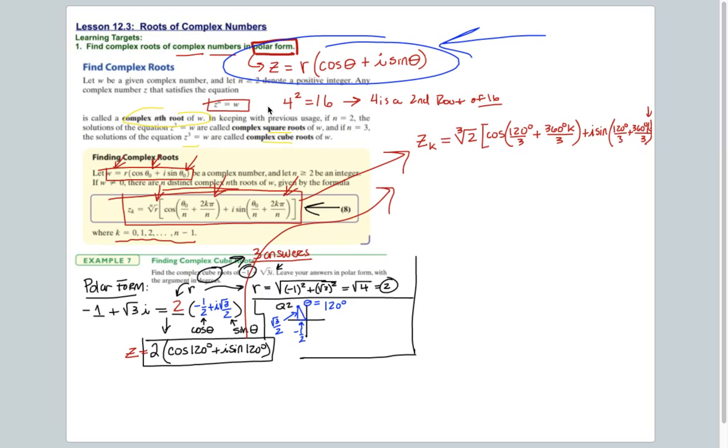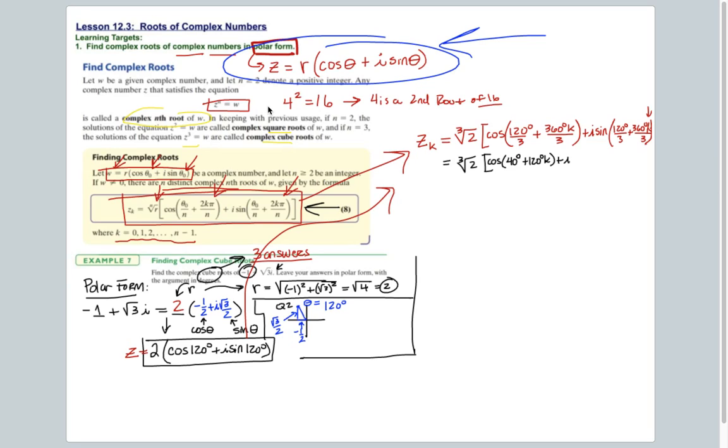Now let me clean this up a little bit. The cube root of 2, I'm just going to leave as is. This would be the cosine of 120 over 3, that's 40 degrees, plus 360 over 3, which is 120, times k.